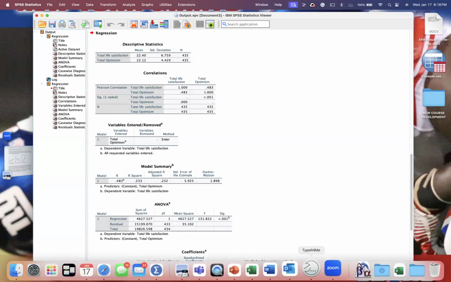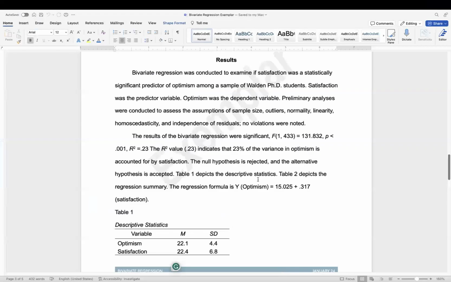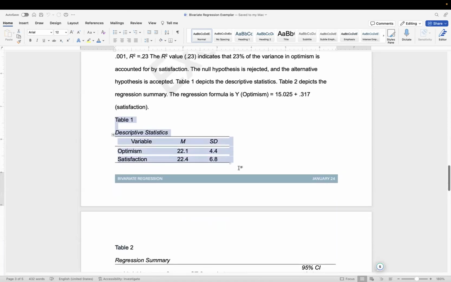Now the next thing I'm going to do is that I told you I had a Word document. And this Word document here is the same thing that I had on the PowerPoint presentation, okay? But it's in Word format. And the beauty of this is that, and this is the exact same information we looked at, but I was able to put a descriptive statistics table, and you report the means and the standard deviations for scale variables. There's the optimism.